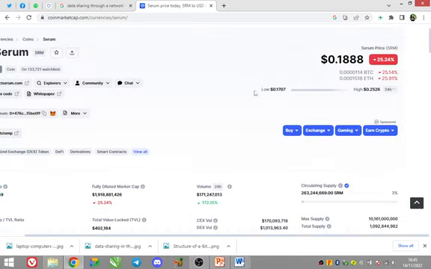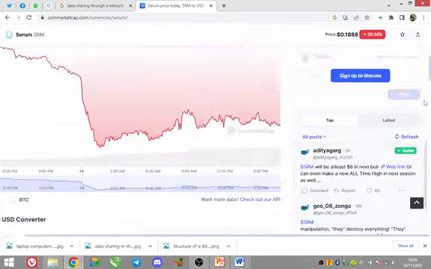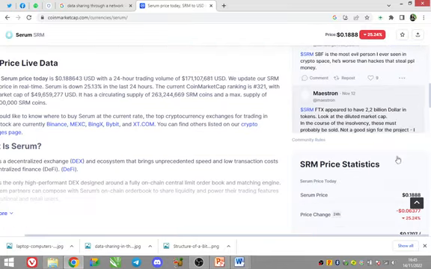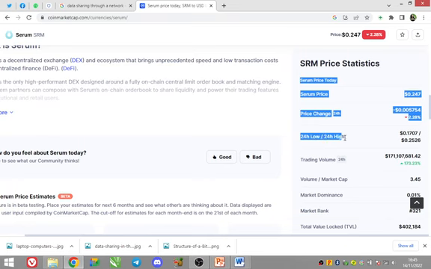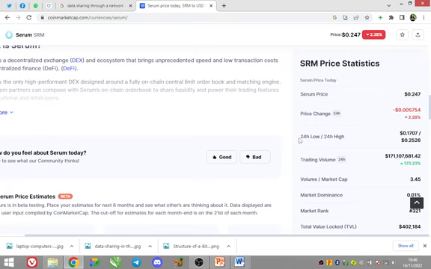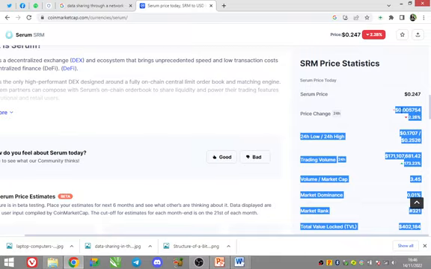That means your high minus your low. This is just your 24 hours low and your 24 hours high. The difference between these two will still give you this price change.